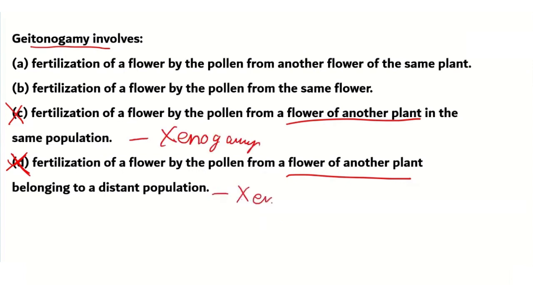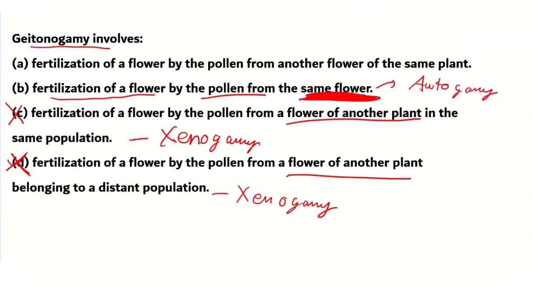So both C and D are examples of xenogamy, so options C and D are incorrect. What about option B? Fertilization of a flower by the pollen from the same flower. So that means it fertilizes itself. The condition here is known as autogamy and not geitonogamy. So that means option B is incorrect. The right answer is option A.